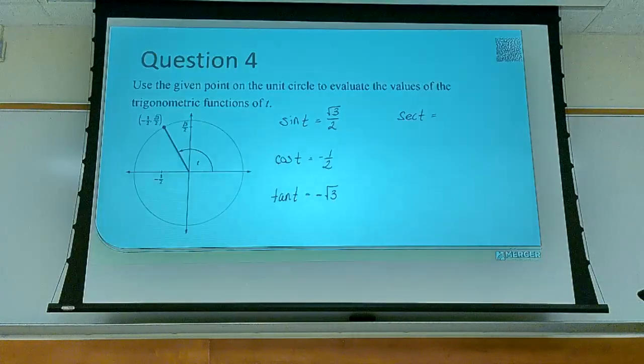Secant is the reciprocal of cosine. Cosecant is the reciprocal of sine, so 2 over root 3, or 2 root 3 over 3.